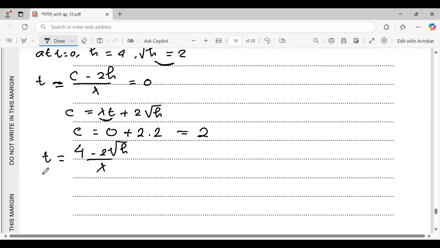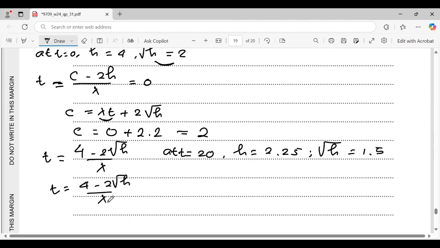So at t equals 20, h equals 2.25. So square root h equals square root of 2.25, which is 1.5. So t equals 4 minus 2 square root h over lambda.